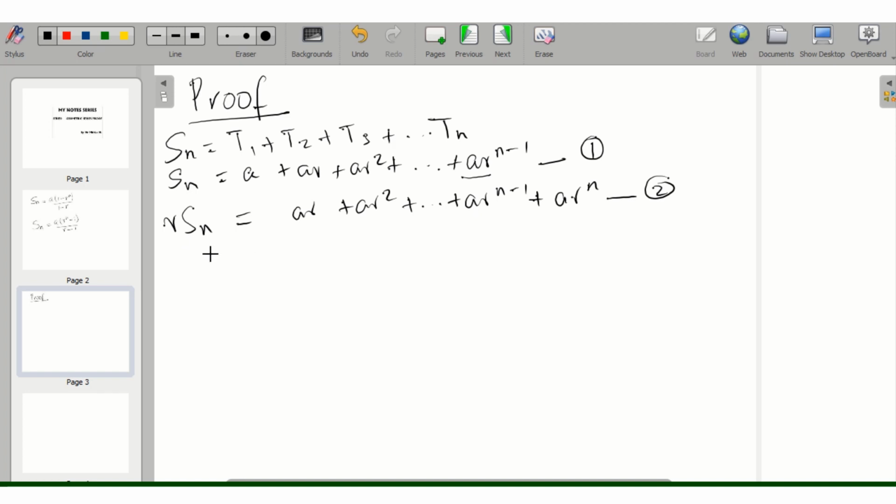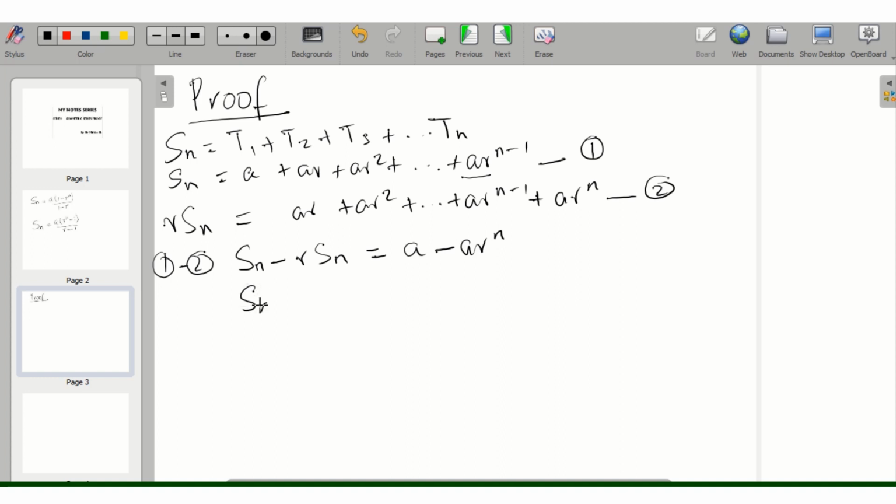So depending on the formula that you need to prove, you can either say equation 2 minus 1 or 1 minus 2. If you say 1 minus 2, you'll have Sn minus rSn, and then a minus 0 will be a, ar minus ar is 0, ar squared minus ar squared is 0, ar to the n minus 1 minus this is 0, and 0 minus ar to the power n is minus ar to the power n.